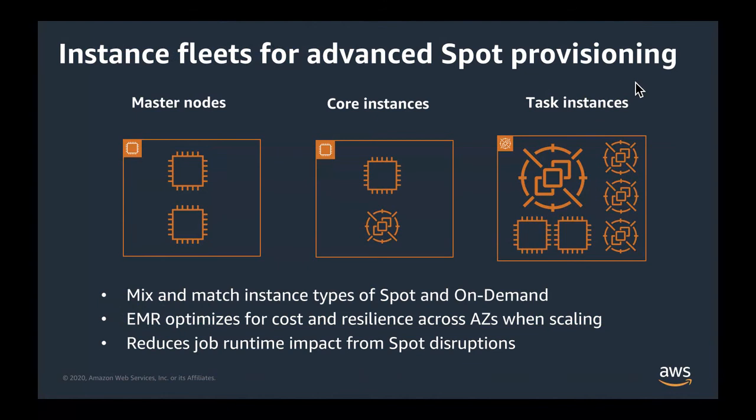You can do it for all of these, but it's probably most relevant in the task instances scenario, when you really build a large fleet and you probably need many nodes and you need high capacity. And EMR takes care of any interruption. When the interruption happens, it will look for another node to replace it, and then the job will continue. Worst case, you may have to recompute a certain portion if it's Spark, but it's inherently resilient because of that reason.